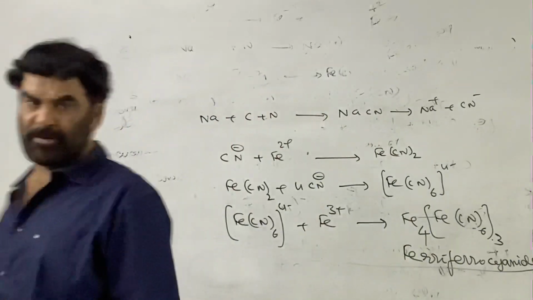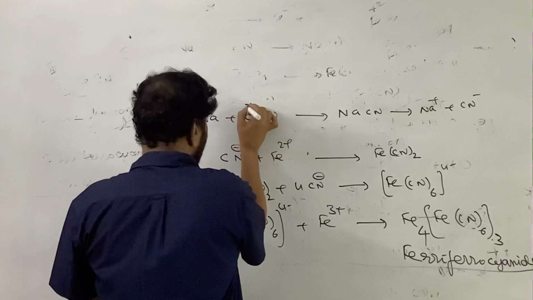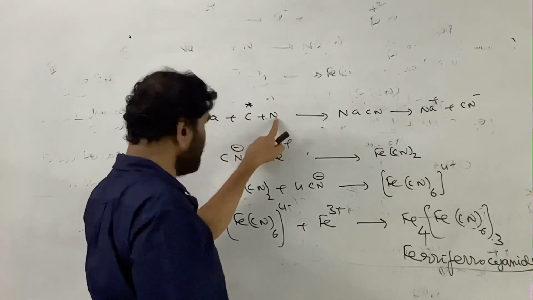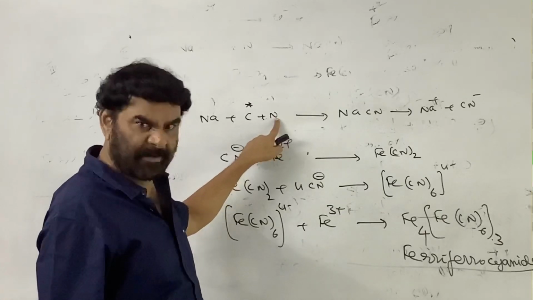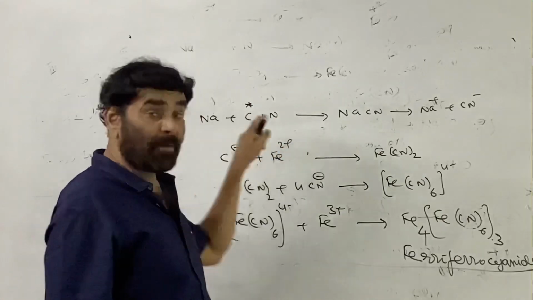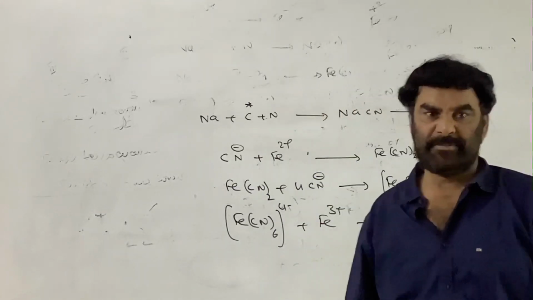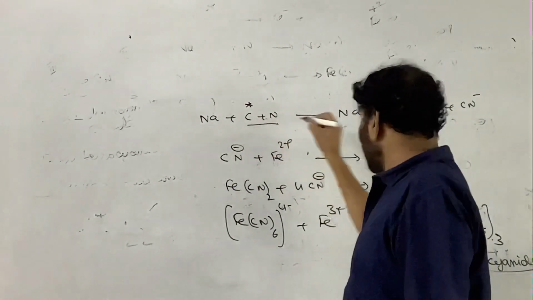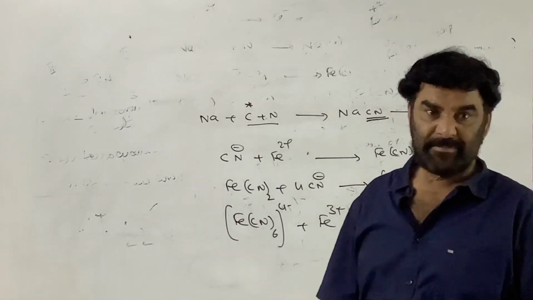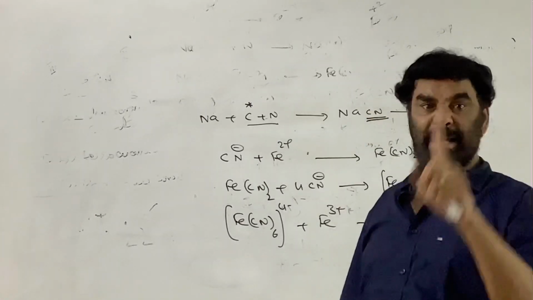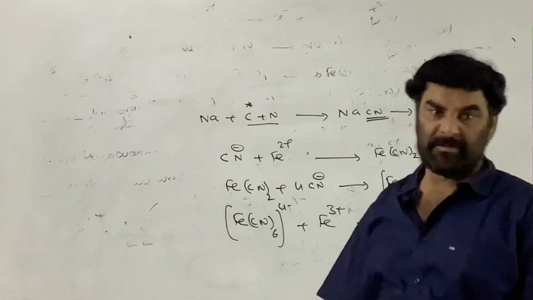But one thing here you see: for this test the organic compound should contain nitrogen as well as carbon. It should contain carbon also, because it has to finally convert into the cyanide ion. To form the cyanide ion, it should contain carbon also.